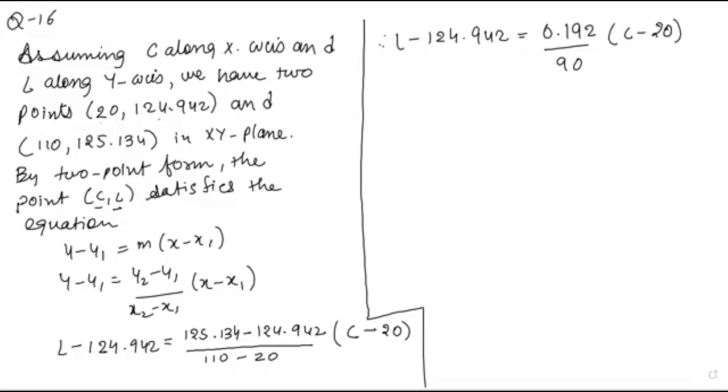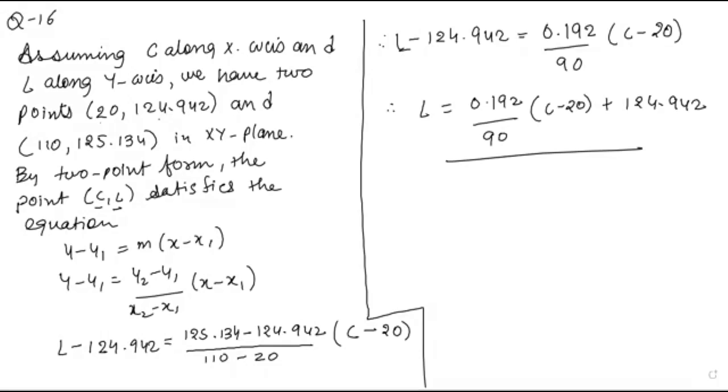So if I want the equation, or if I make L the subject, then I will have L is equal to 0.192 upon 90 into C minus 20 plus 124.942. This is the relation.